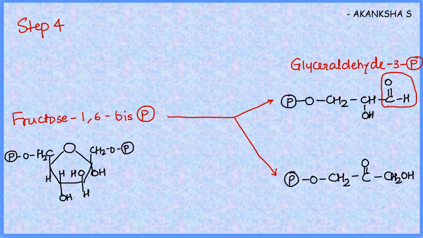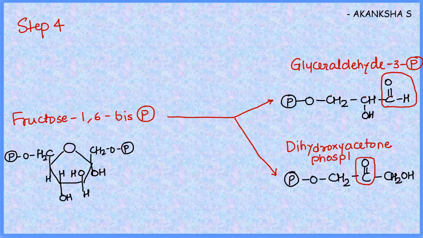The other, you can see, has a ketonic group, so this is, sorry, my bad, dihydroxyacetone phosphate. So our fructose 1,6 bisphosphate gets broken down into glyceraldehyde 3-phosphate and dihydroxyacetone phosphate, that is DHAP.